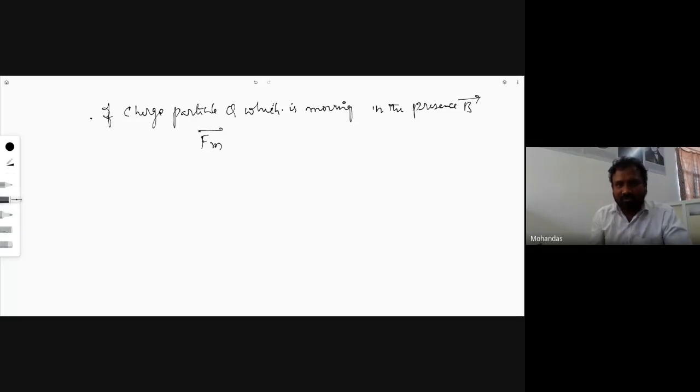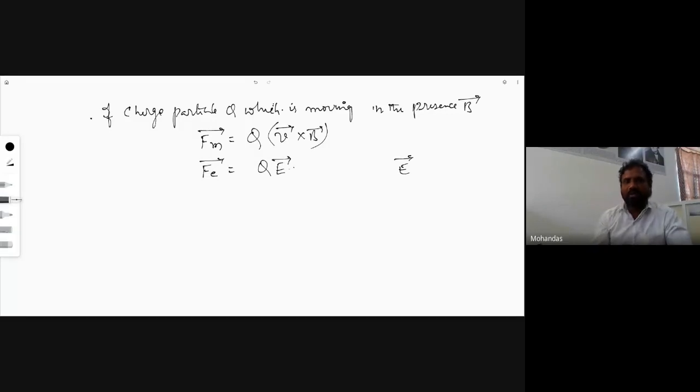Fm equal to Q into V cross B. And if the same charge is moving in an electric field, there is also a force known as Fe, which is equal to Q into E.